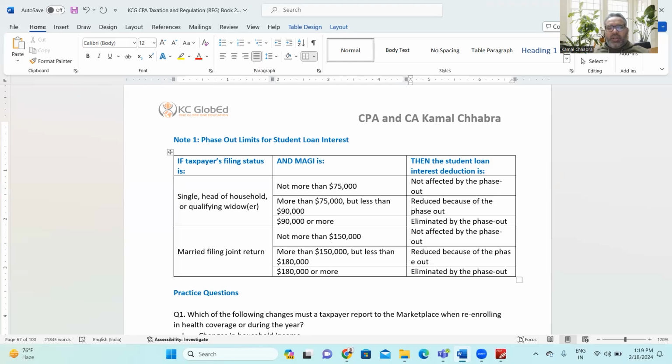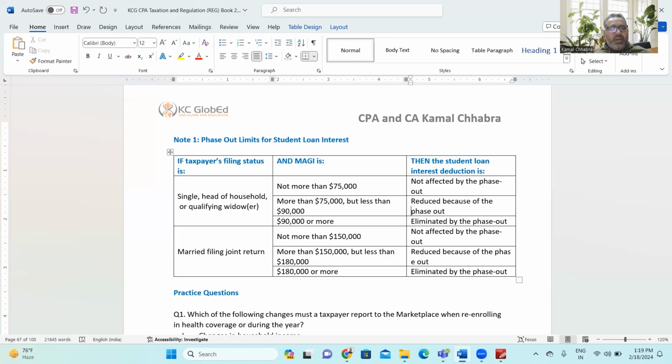Maybe we'll do a small illustration for this. Don't worry. If your adjusted gross income is more than $90,000, then you are not eligible for any student loan interest deduction of $2,500, which we have discussed above. In case of married filing jointly, the limits increase. Up to $150,000, you'll be eligible for the entire $2,500 deduction.